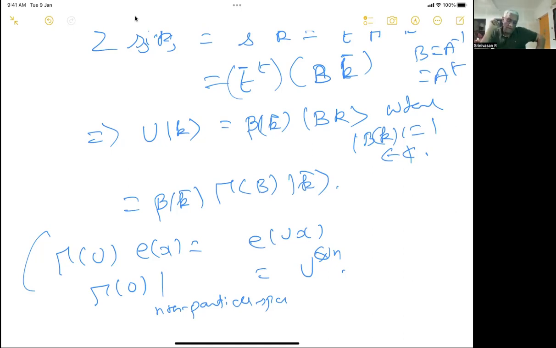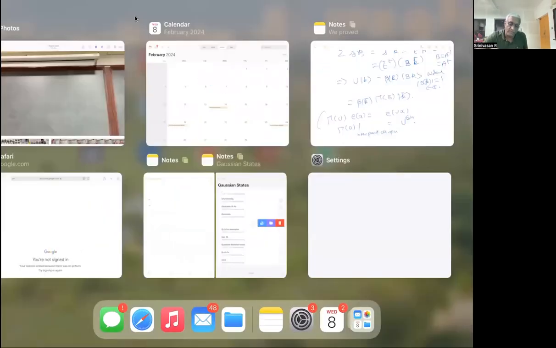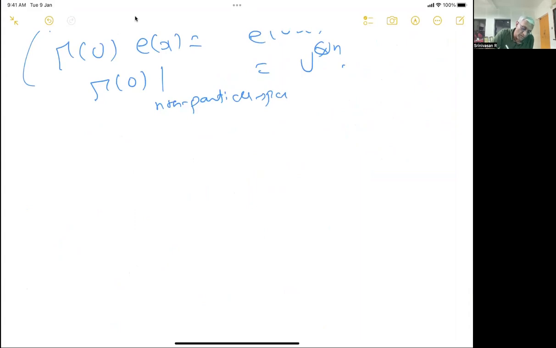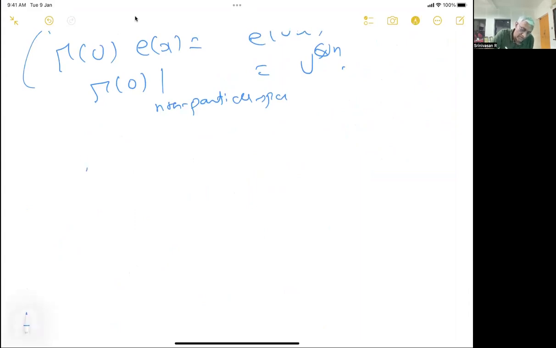Now this UK, this k is in the nth particle space, right? K is not necessarily in the nth particle space. K can be in any particle space. See, this is the subtlety here. We are working with gamma of Cn, not L2 of Rn.